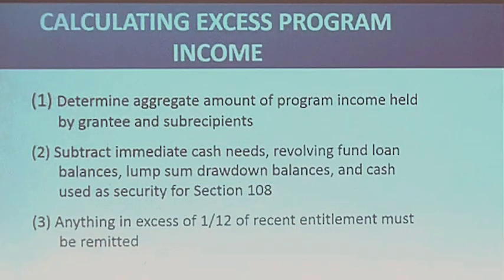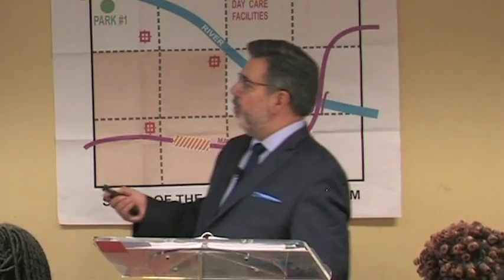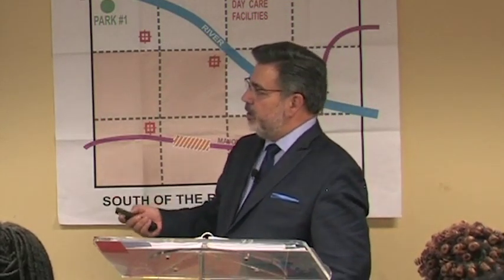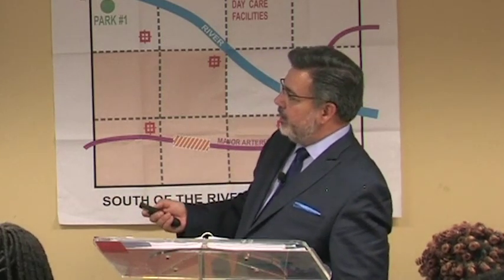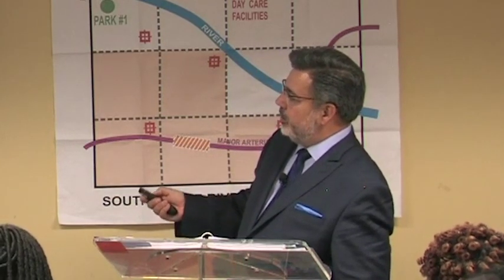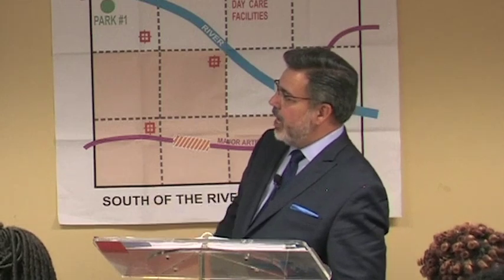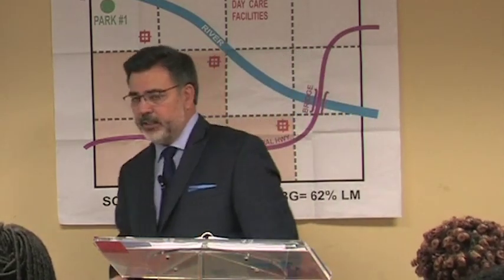So what it does is it determines your aggregate amount of program income that's held. So let's say you have $100,000 in hand, then you're going to subtract immediate cash needs. So if you have payments that you have to make, you have a revolving loan fund, you're going to subtract that. You're going to subtract any lump sum drawdown balances. You're going to subtract any cash used as security for 108.